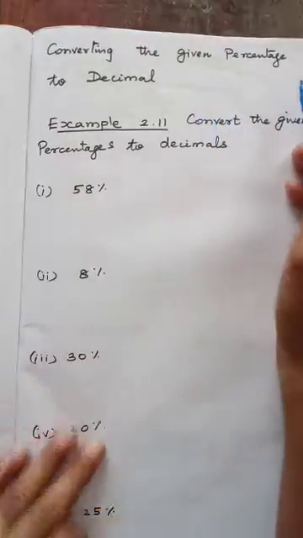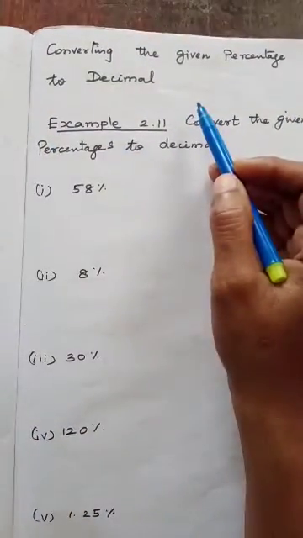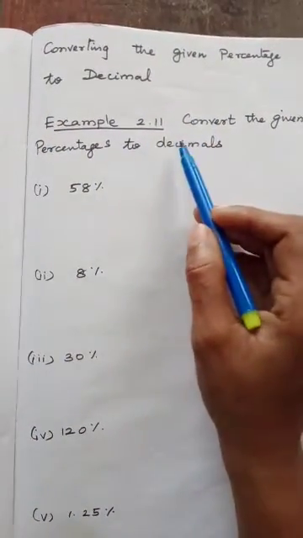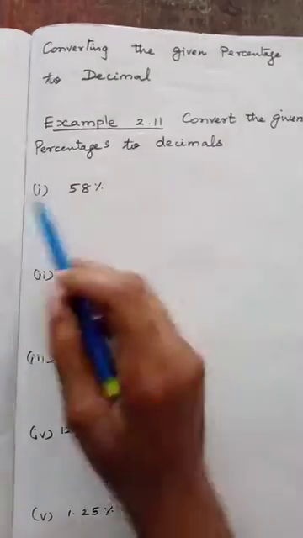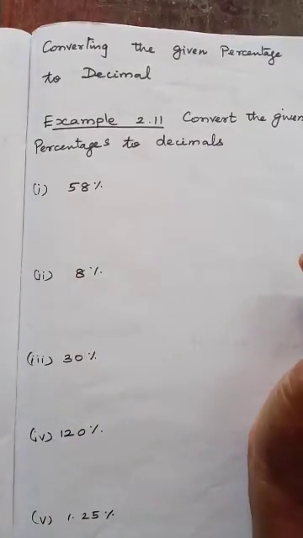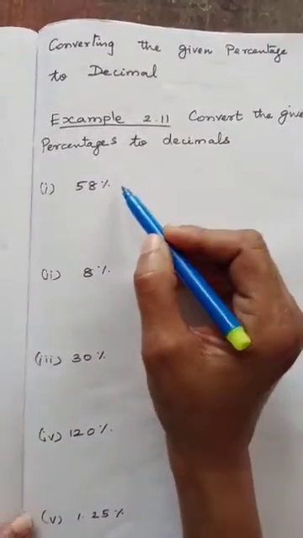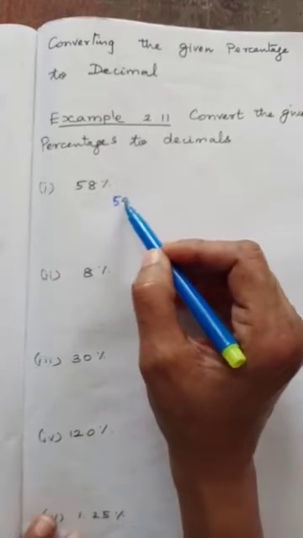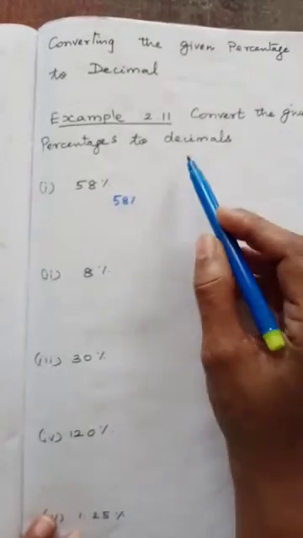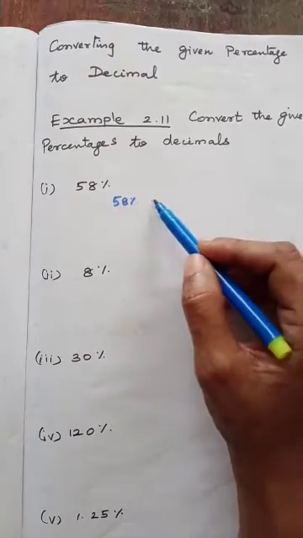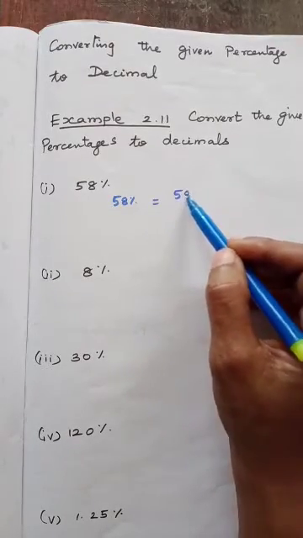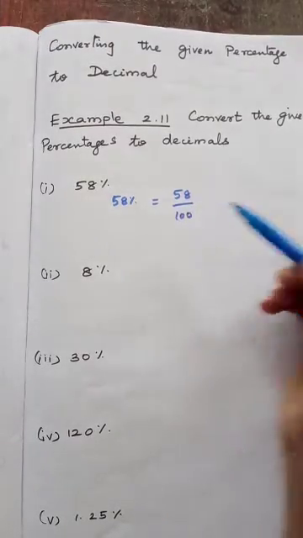Converting the given percentage to decimal. Example 2.11. Convert the given percentage to decimals. 58%. So 58 percentage, you have to change this to decimal. So we can write as 58 by 100.